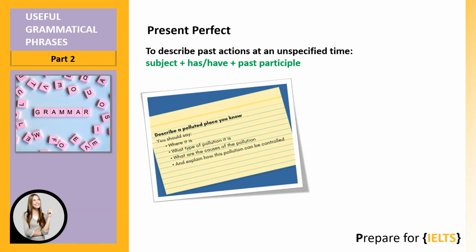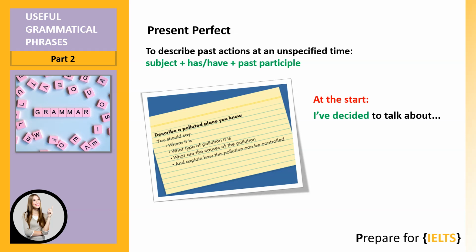The present perfect is a tense that IELTS examiners love to hear because not many candidates use it and use it correctly. So, for example, at the start, instead of saying, I'm going to talk about, you could use, I've decided to talk about.